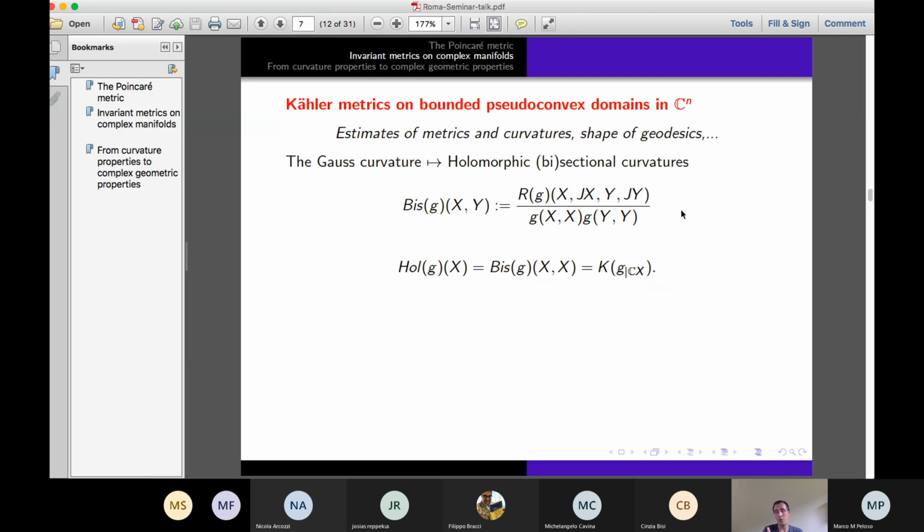The holomorphic sectional curvature is just the sectional curvature restricted to a complex line. You can define the sectional curvature for any two independent vectors, and in the special case where y equals Jx, you get the holomorphic sectional curvature.